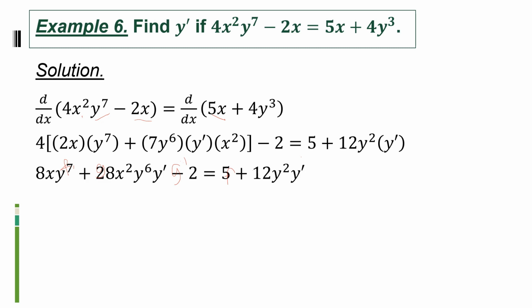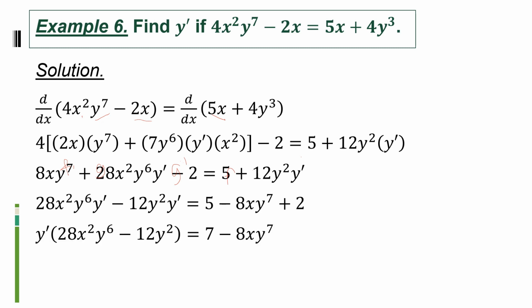Or if we simplify, we have 8xy raised to 7 plus 28x squared y raised to 6 y prime minus 2 equals 5 plus 12y squared y prime. By transposition, okay, we move everything with y prime, we have 28x squared y raised to 6 y prime minus 12y squared y prime equals 5 minus 8xy raised to 7 plus 2.